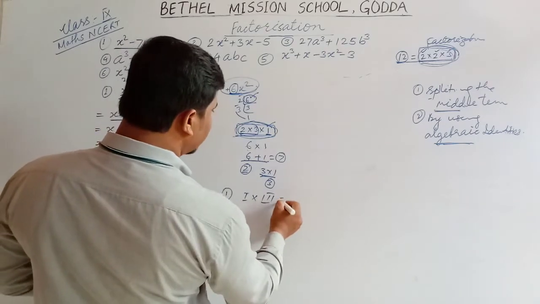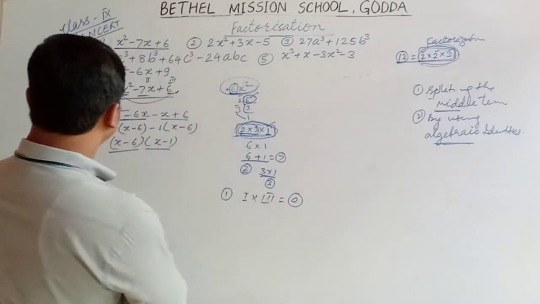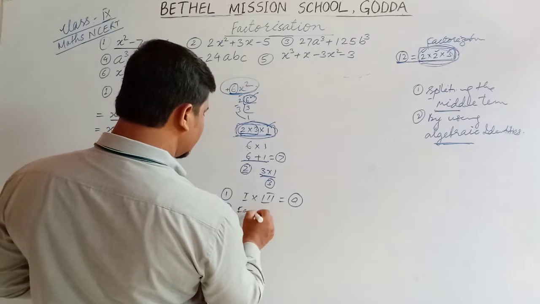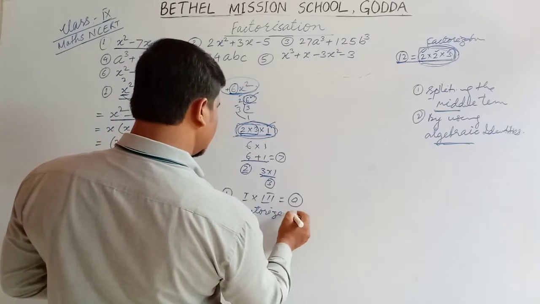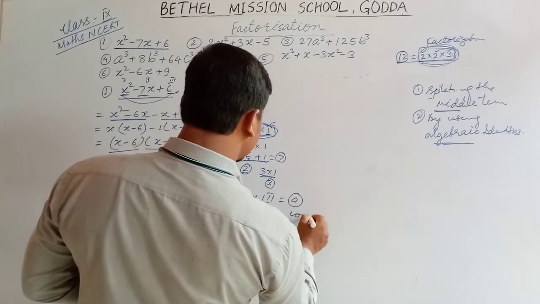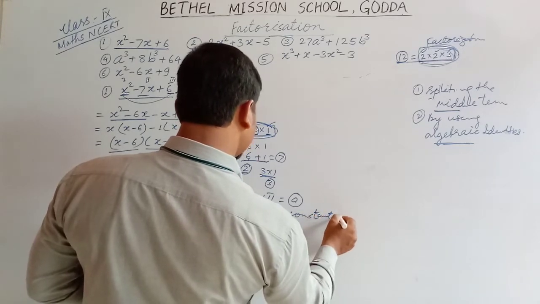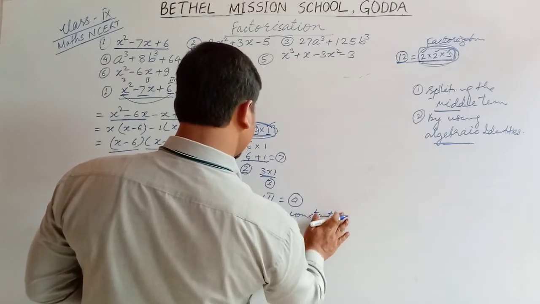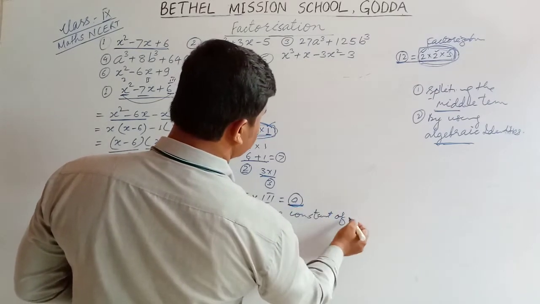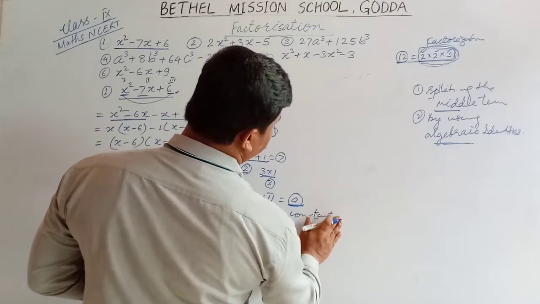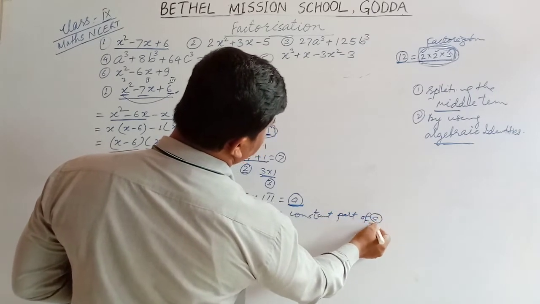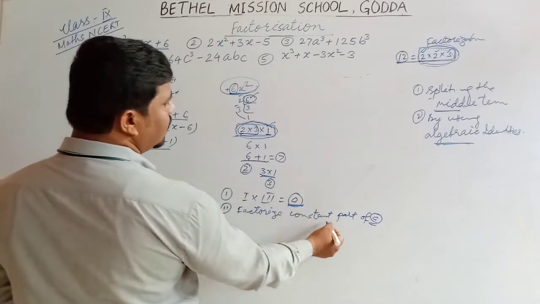Then after multiplying, suppose you are getting A, then you will factorize the coefficient, the constant part of A. The constant part of A is what you will factorize.